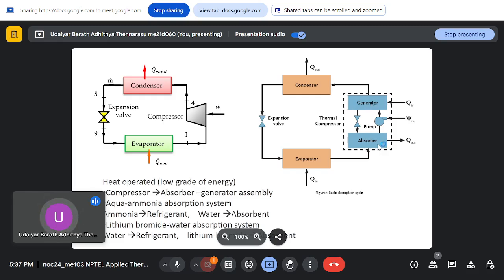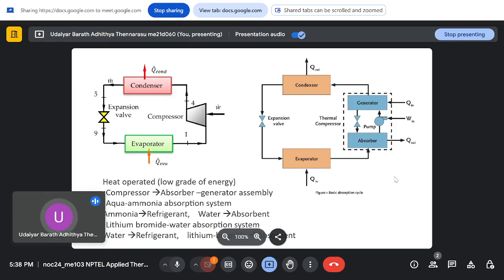If you have any excess heat in a plant which you are dumping, even though it has some energy which can be utilized, you can use that heat to run this thermal compressor, which will generate the vapors. That vapor is sent to the condenser, and the absorbent is brought back via a valve to the absorber. So this is how a vapor absorption refrigeration system works.